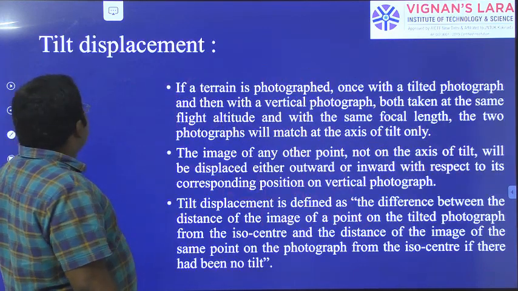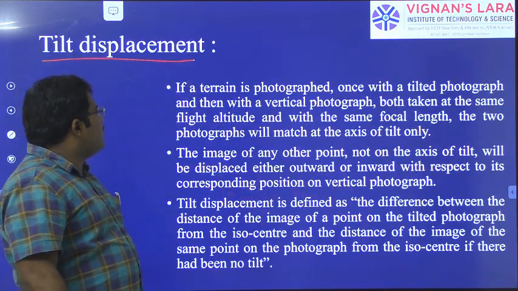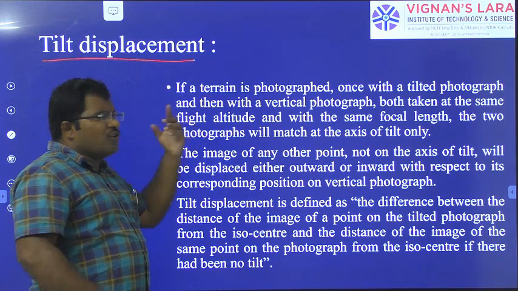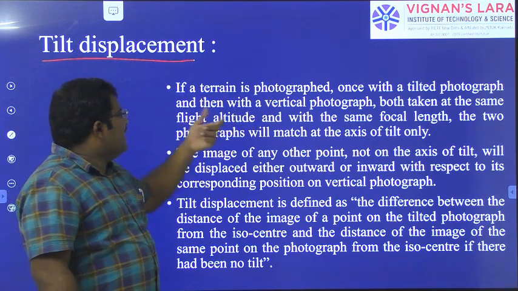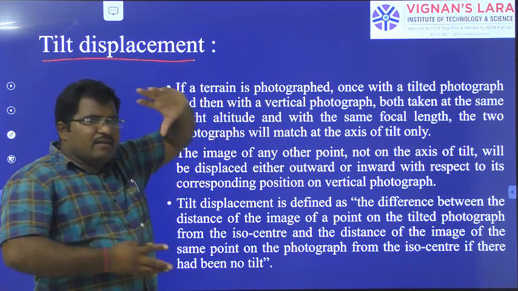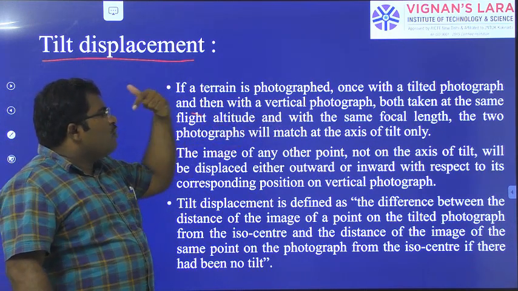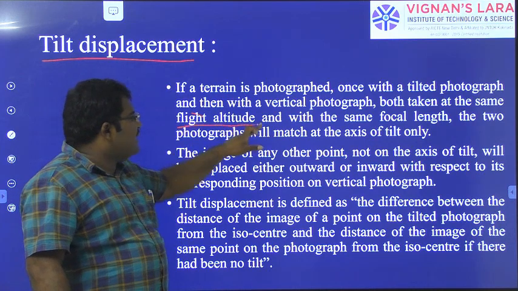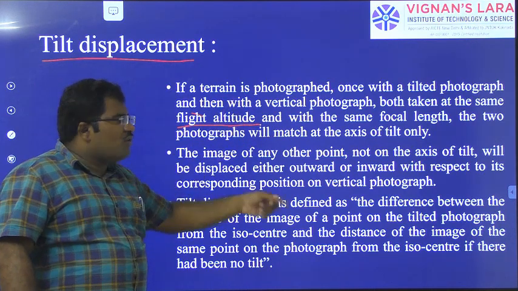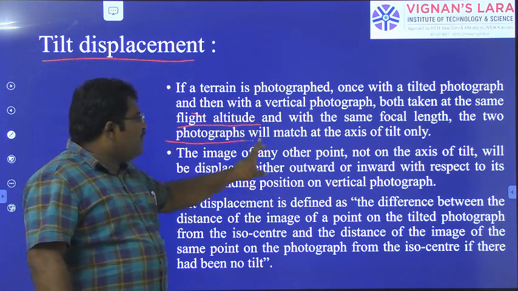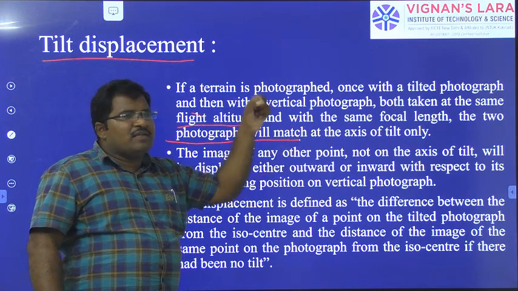Right? Next, tilt displacement. Okay? So if a terrain is photographed once with a tilted photograph, tilting means some angle. Okay, it is not a straight one. Right? So then with a vertical photograph, both taken at the same flight altitude and with the same focal length, two photographs will be matched at the axis of tilt only.